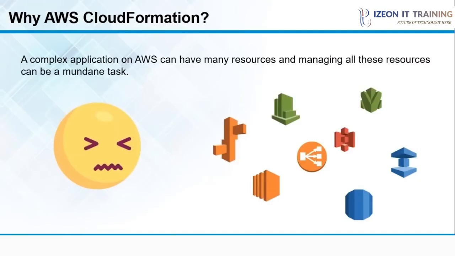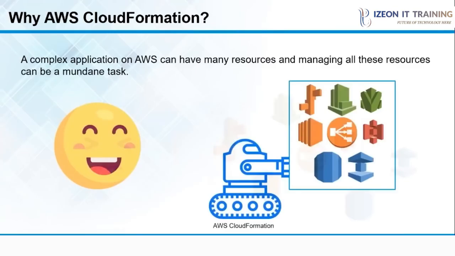If we were to deploy and manage all these resources separately, it will take up a lot of your time, right? So to reduce that time and to manage all these resources, what if I told you there is a service? Yes, you got that right. You have a service called AWS CloudFormation. Using AWS CloudFormation, you can manage, create and provision all these resources in a single place.